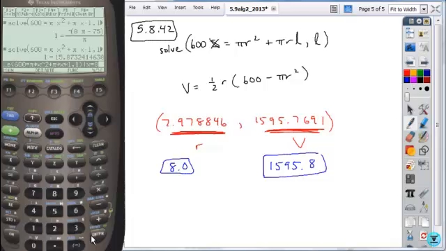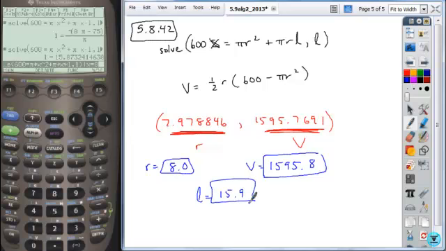It looks like if you plug in the entire number, the actual value, which I asked you guys to do, it gets a different value than what the book posted. I think the book posted just this, and so it gave you your R value, your V value, your L value. It gave you 15.9 if you round it to the nearest tenth. And those would be your three answers.